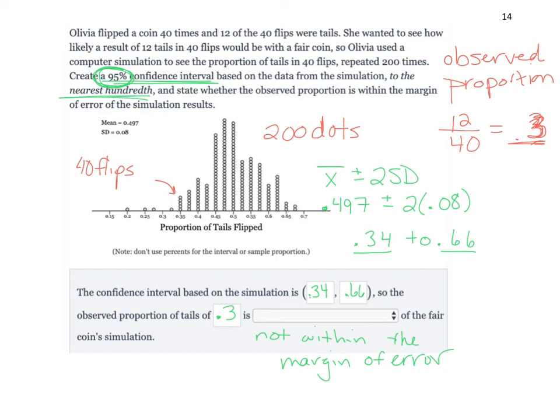We don't really think it could be fair if it was inside this confidence interval, but it's outside. So we could say that it's likely not fair. We can never be 100% sure of anything with statistics because it's possible that you could get crazy lucky and get heads 40 times in a row. That is possible. Okay. But it's not within that probable confidence interval of things that happen with a fair coin.